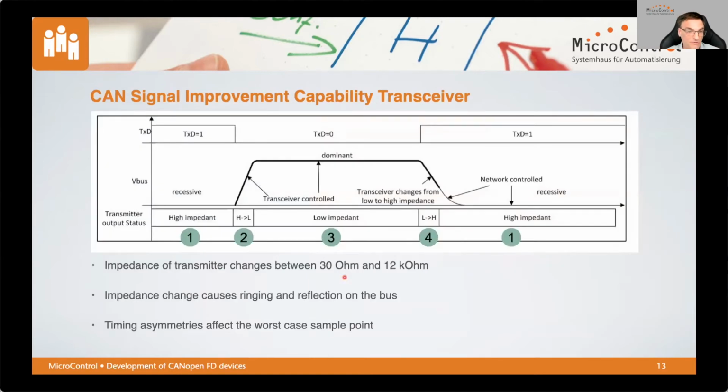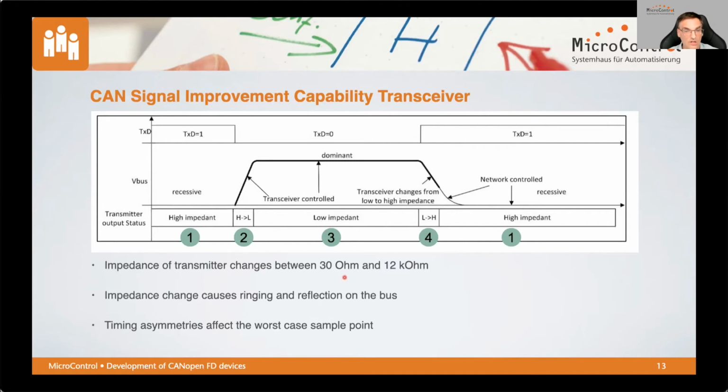The next step you have to consider is that you might use so-called signal improvement capability transceivers, because the standard transceivers that are available on the market are much limited with higher bit rates. This is especially caused by the fact that the impedance of the transmitter changes between 30 ohms and 12 kilo ohms, depending on whether the transceiver is dominant or recessive.